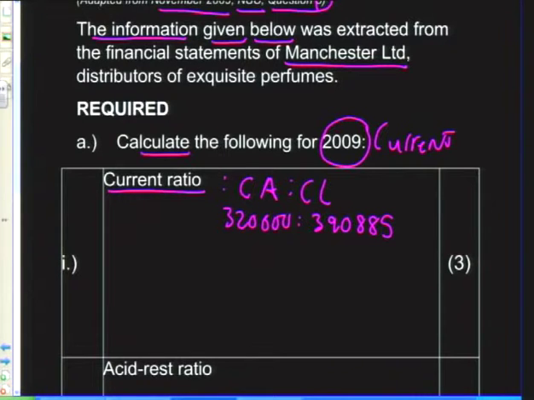Right, when you're doing ratios, remember, I want the right-hand side to equal 1, so I'm going to divide by 390,885. Whatever I do on the right-hand side, I must do on the left-hand side, so divide by 390,885. And here, obviously, we're going to get a ratio of 1.